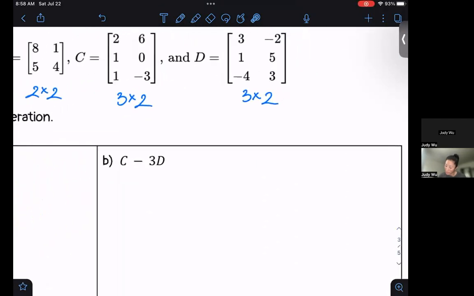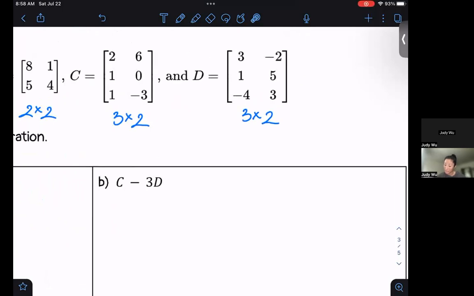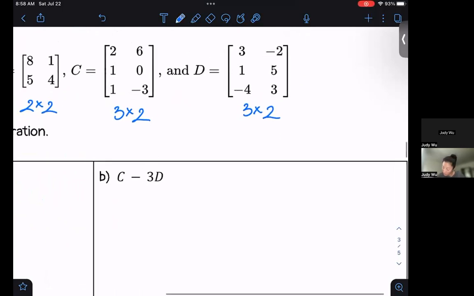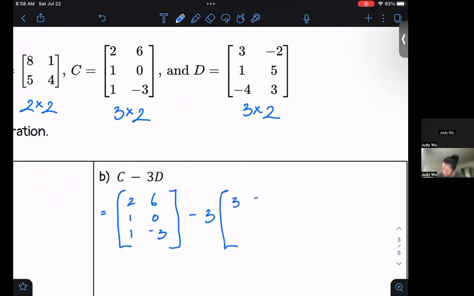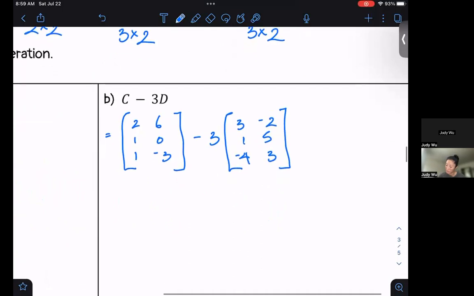B says C minus 3D. Let's copy those down: the matrix 2, 1, 1, 6, 0, -3, minus 3 times the matrix 3, -2, 1, 5, -4, 3. I'm going to do the same thing with the 3 that I did with the 2 earlier.